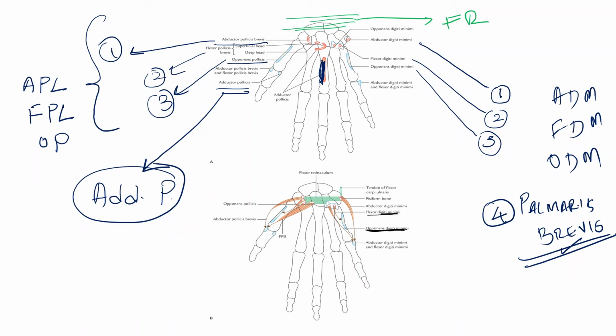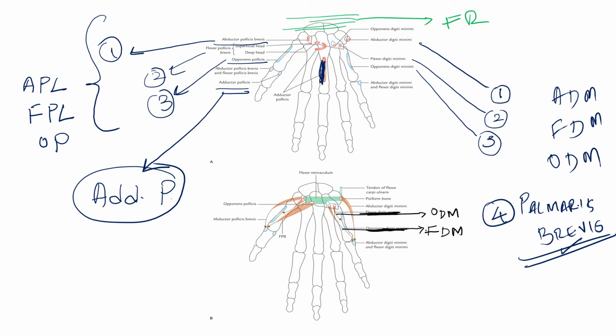There is a small printing mistake over here which I am going to correct. What we see here is the muscle flexor digiti minimi, and this muscle over here is the opponens digiti minimi.